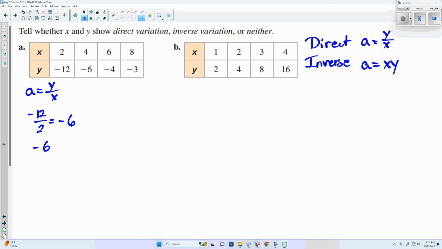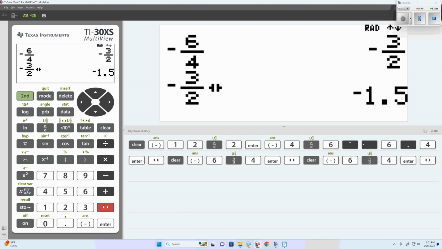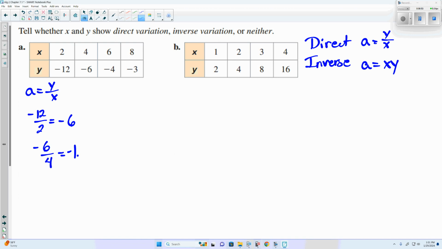Our next one, negative 6 over 4, is negative 3/2 or negative 1.5. Are these the same values? No. So we can say that for this first one, it is not direct. So we can try inverse next.